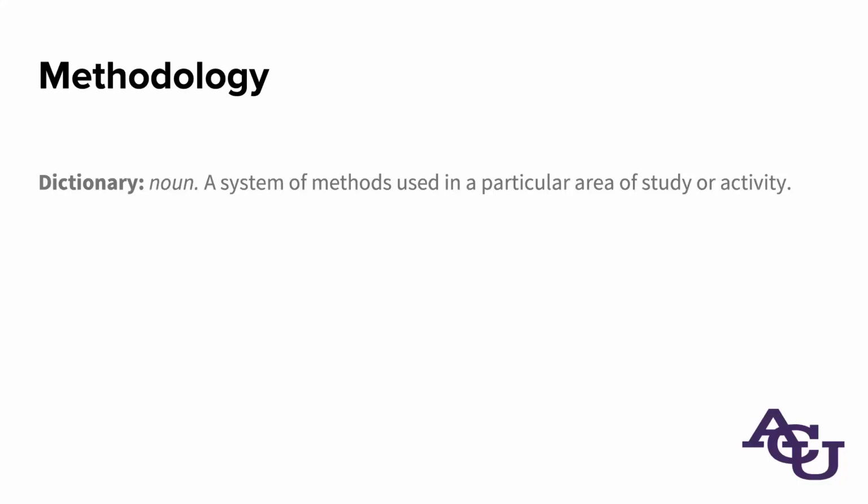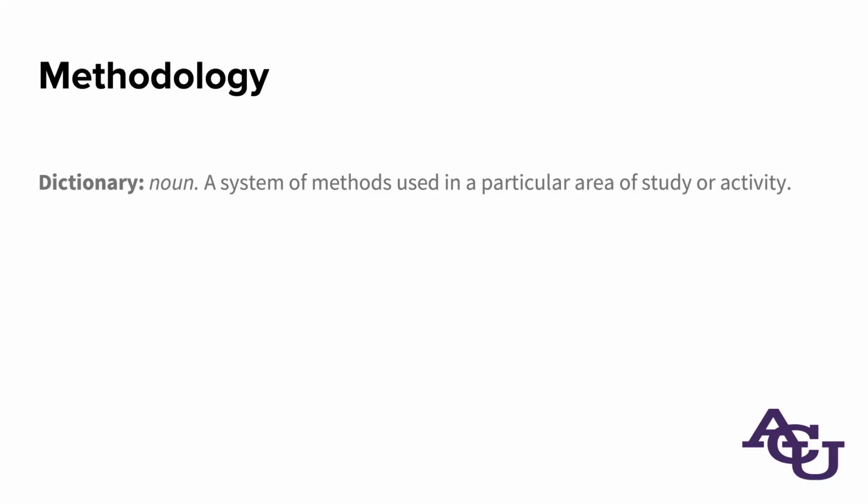All right, so the term methodology gets used a number of different ways, and it's helpful to understand how it gets used in those different ways depending on the context. So in the very general sense, methodology refers to the system of methods that you use in a particular area of study or activity.